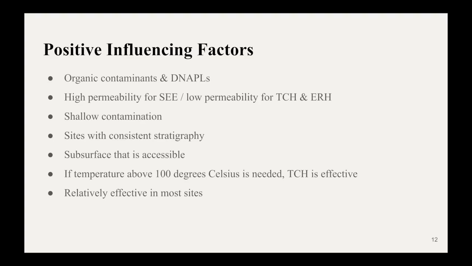The steam will then also be able to move at a faster rate in areas with high permeability, and the faster the steam moves, the faster the extraction of the volatile contaminants. So for areas with low permeability, usually thermal conduction or electrical resistance heating will be used.